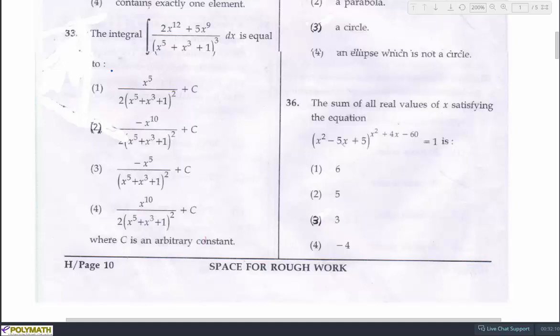It is the integral of 2x power 12 plus 5x power 9, whole divided by x power 5 plus x cube plus 1 whole cube, dx.